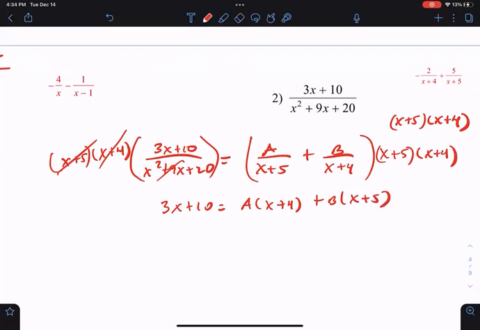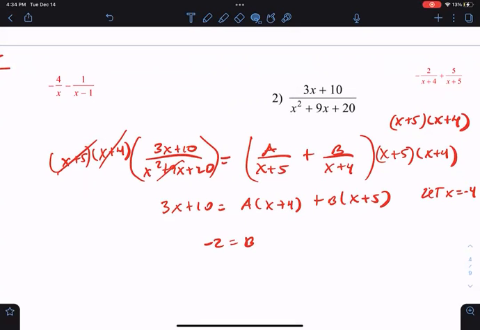So we need to let x equal negative 4. Let me fix that here. Let x equal negative 4. So this disappears. So we get b equals negative 4, that's going to be negative 2. So that's how you find b, right?